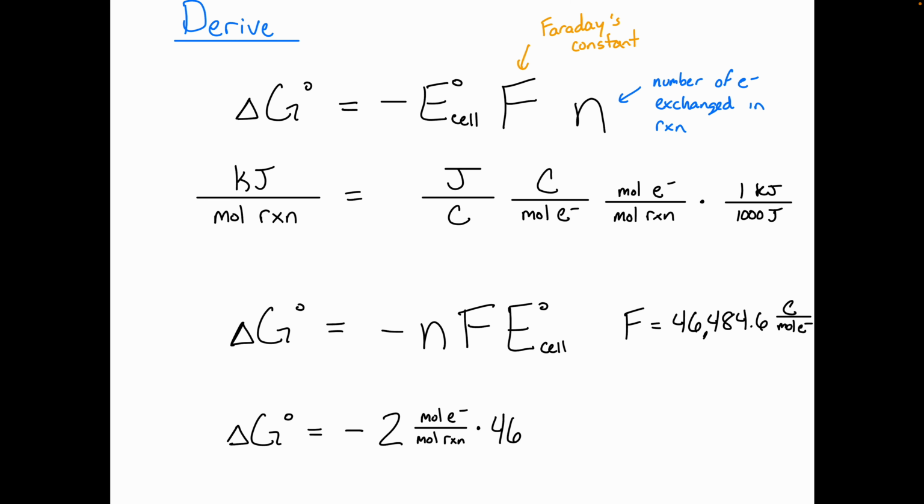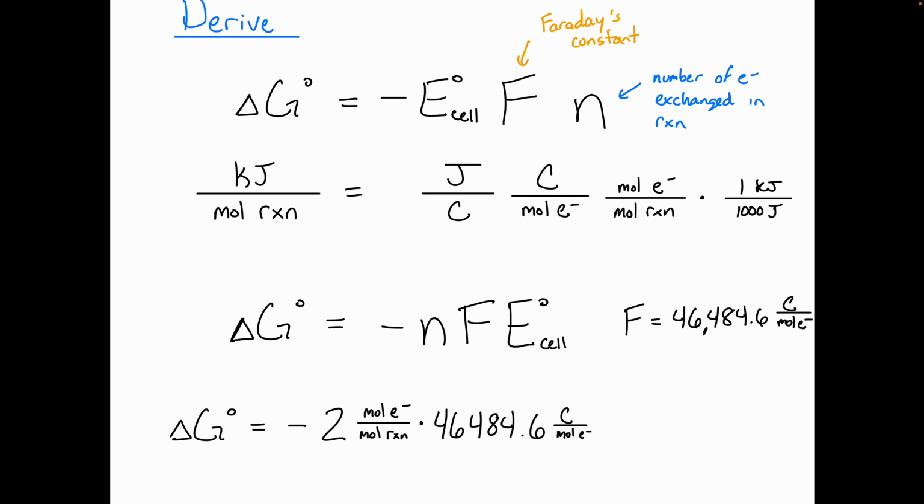Times Faraday's constant, 46,484.6 coulombs per mole of electrons, times our potential, our 1.10 volts.